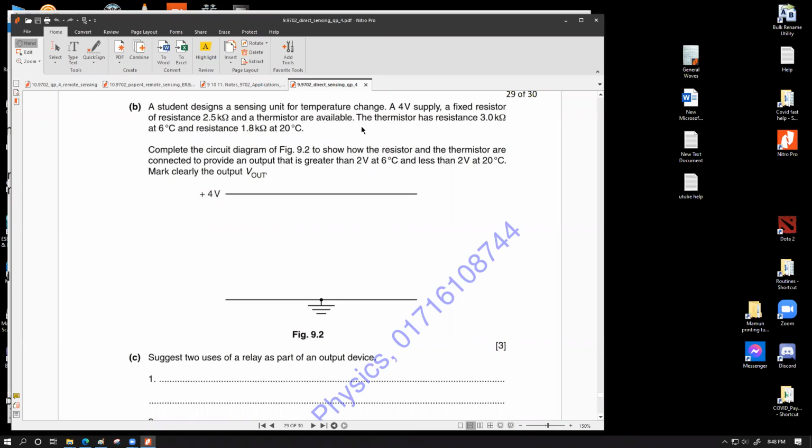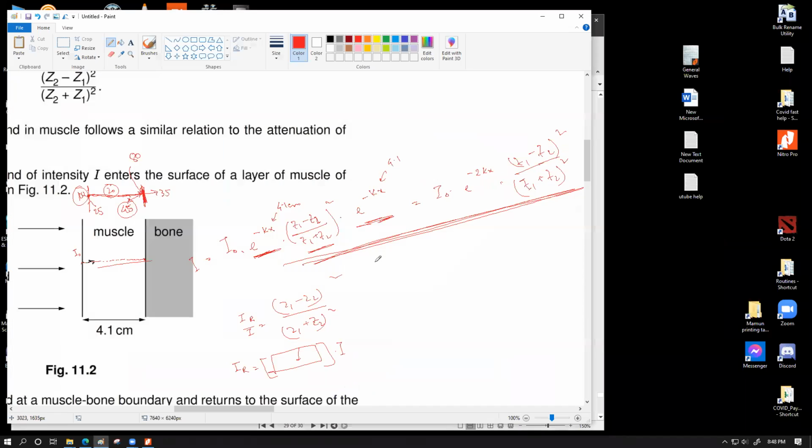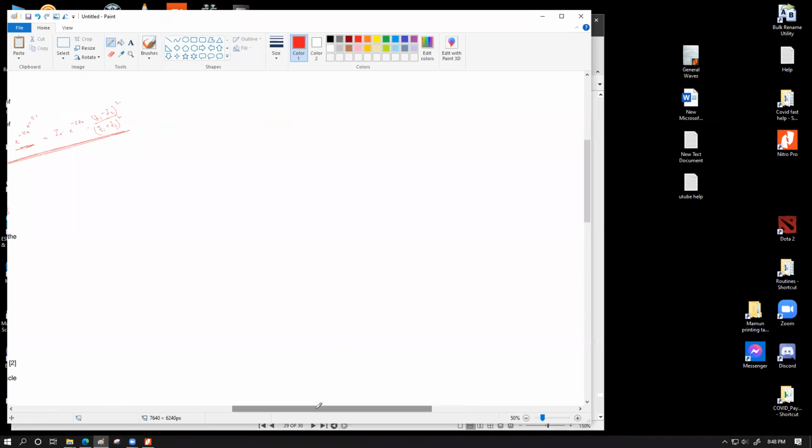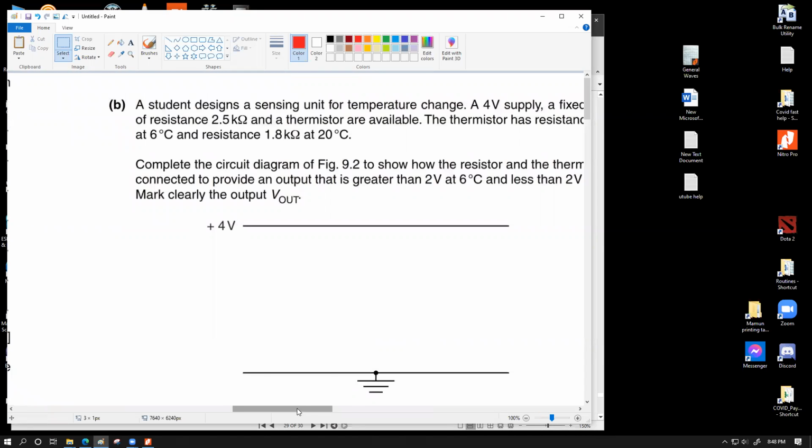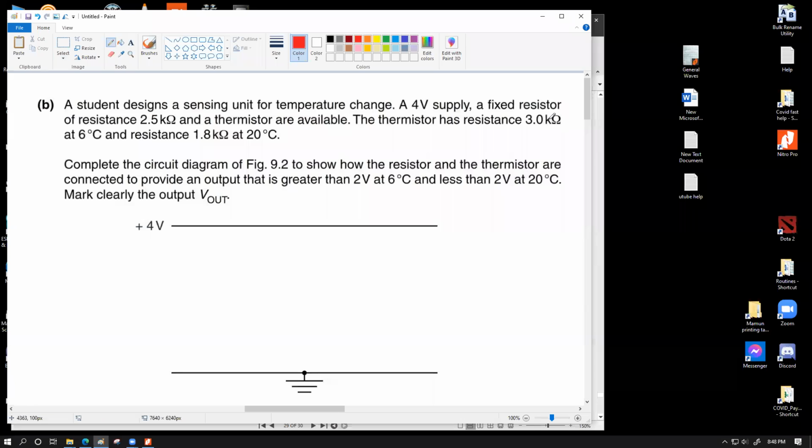The thermistor has a resistance of 3.0 kilo ohm at 6 degrees Celsius and we want to have... Actually, let me just set those things in series first.